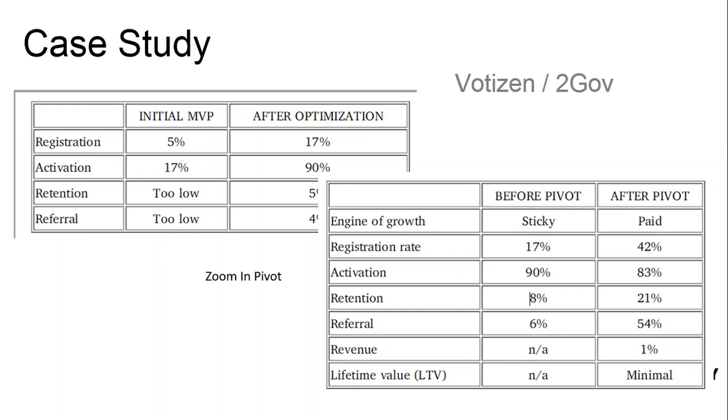That way it was able to generate a lot of registrations and activations. Retention was higher, and referral was very high, but revenue was very low. There was no lifetime value, for a very specific reason: it was transactional. So instead of relying on social activists who were ready to pay, David thought of making it B2B, and he got intent from companies.